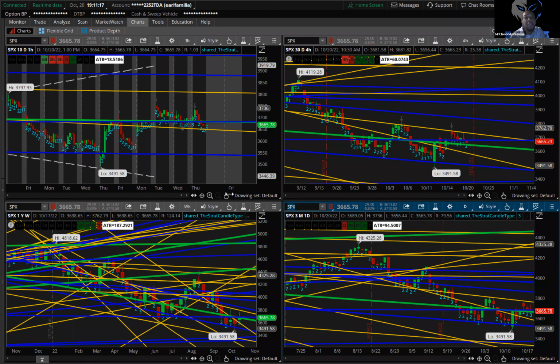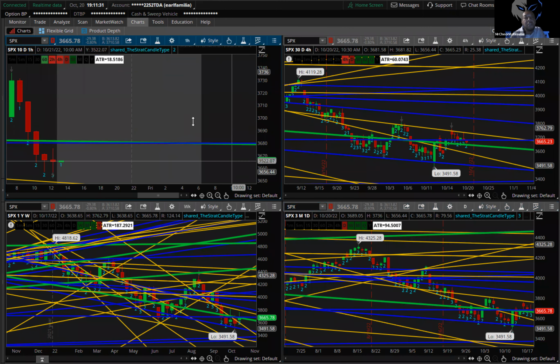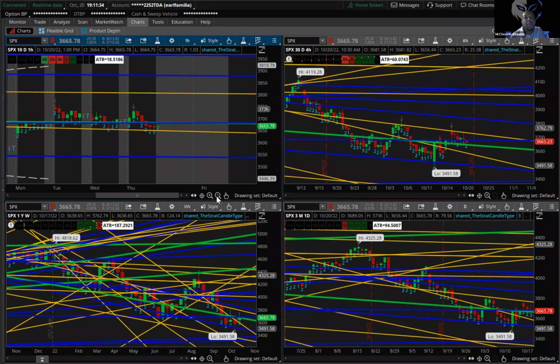Man, look at this. SPX looks like what did we just look at that was trapped between two broad formations? Was it Activision? Yep. Dead ass like Activision. Where's the FICO soundboard when you need it?